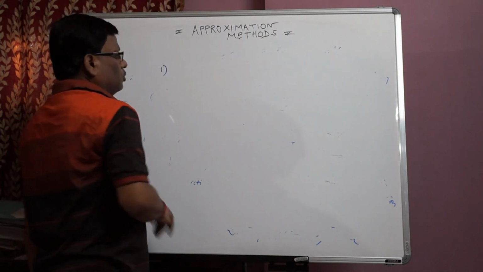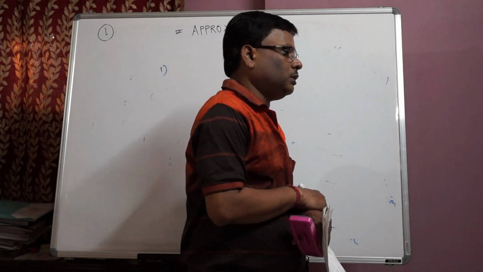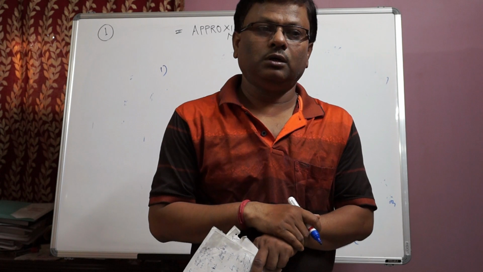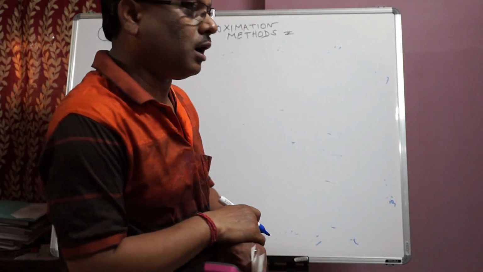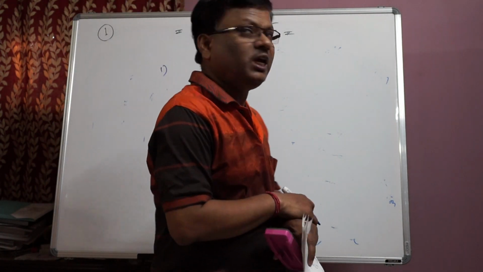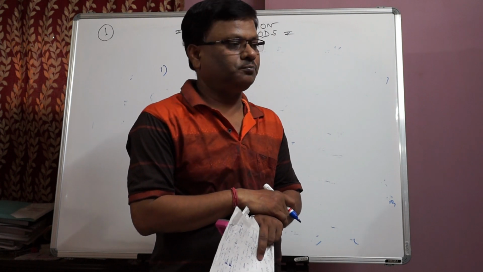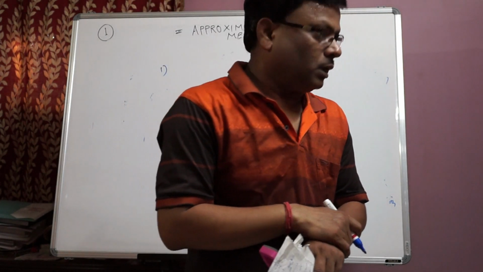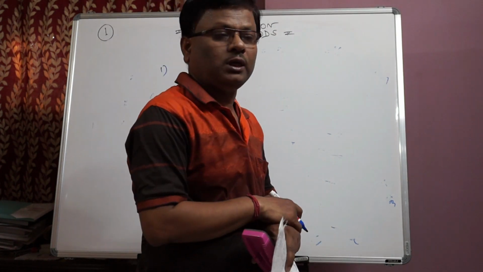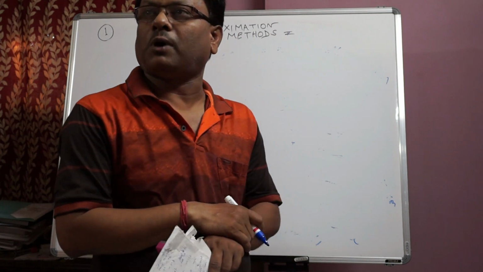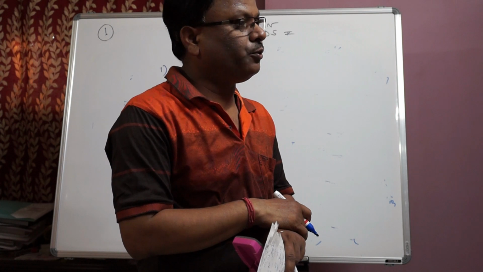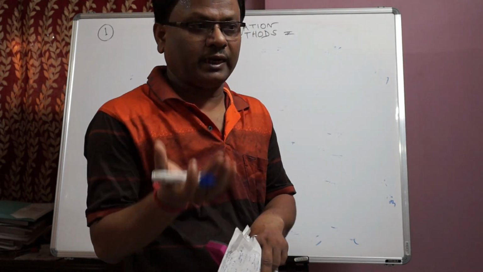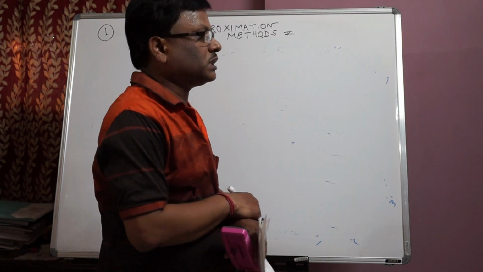So we know that the Earth revolves around the Sun due to the gravitational attraction of the Sun on the Earth, and you know that the orbit of the Earth is elliptic, keeping the Sun at one of its foci. But to know the exact orbit or exact path of Earth around the Sun, we have to also consider the gravitational force of other solar planets as well as other celestial bodies.